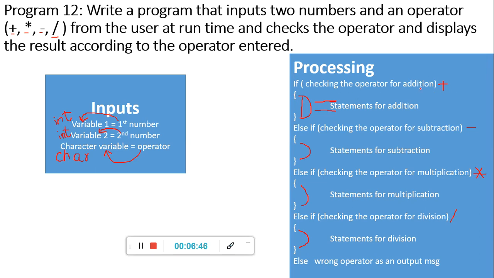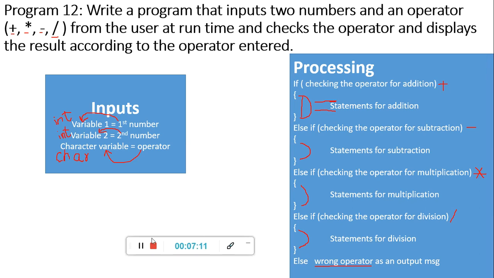The first if condition will become false, the second false, the third false, the fourth false. So what should the program do? The program should print a simple output message saying that you have entered a wrong operator. So that is what our program will be doing.